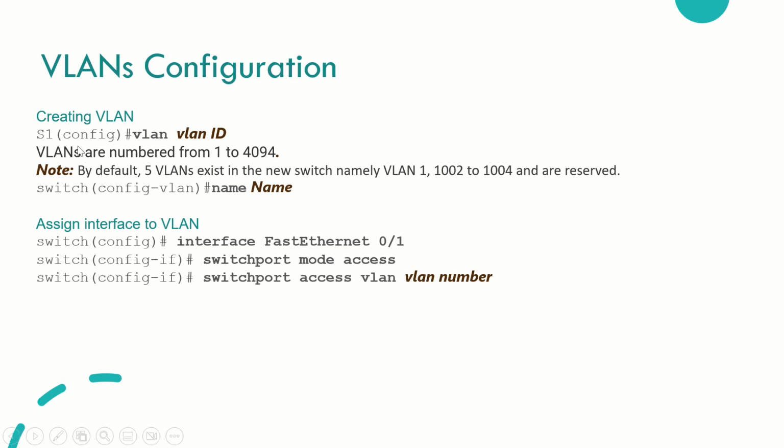VLANs are numbered from 1 to 4094, but by default, 5 VLANs are reserved. VLAN 1, VLAN 1002, 1003, 1004, and also 1005 are reserved in our system.